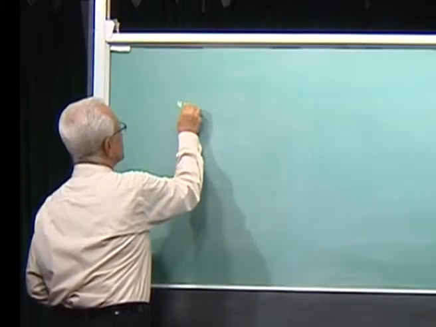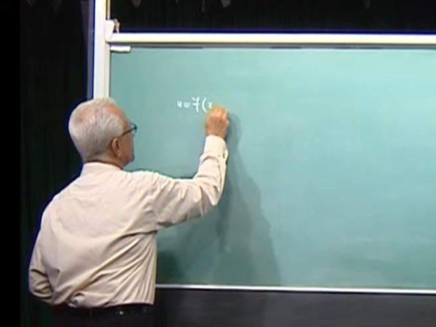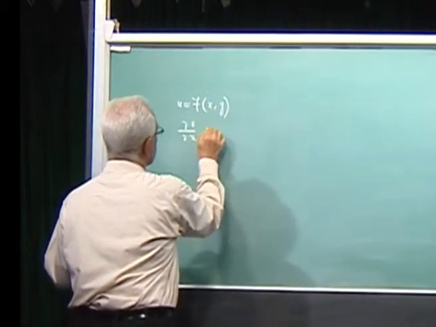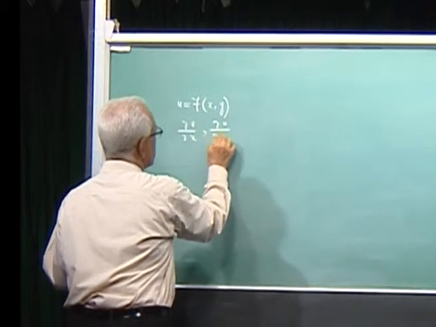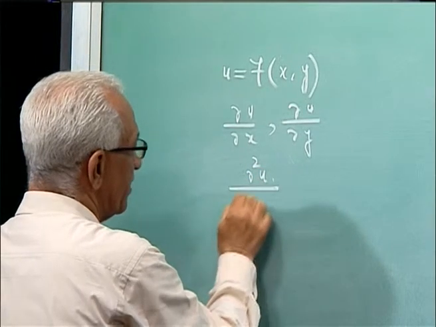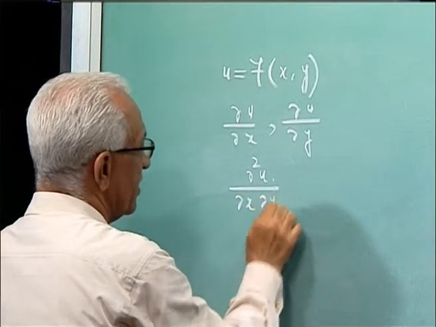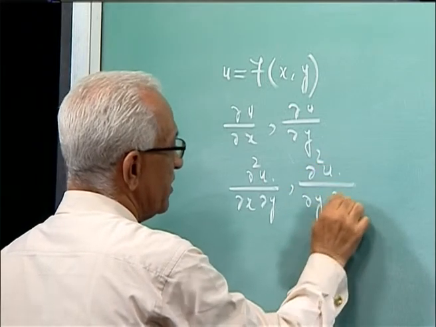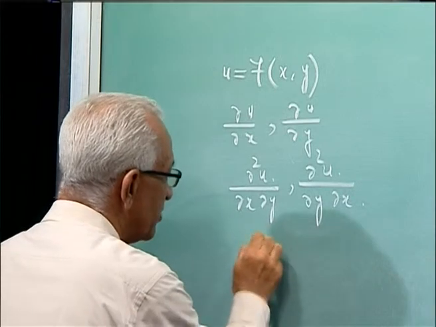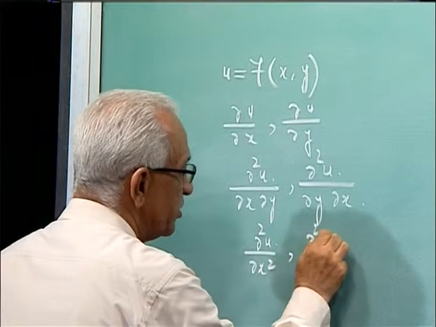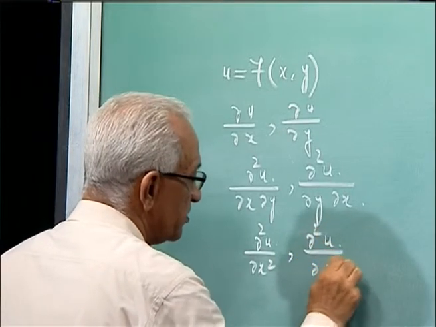What we have done until now is starting with u is equal to a function of x, y, then we had du upon dx, then we had du upon dy, and then lastly in lecture 2 we have done d2u partial dx dy and d2u partial dy dx. Prior to this we have also done d2u dx square and d2u dy square.